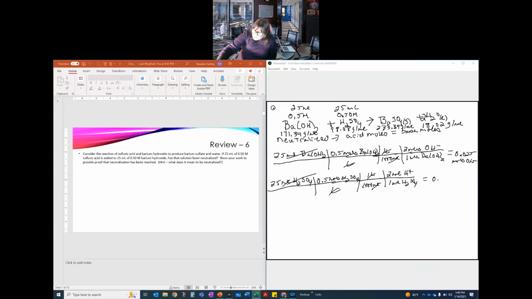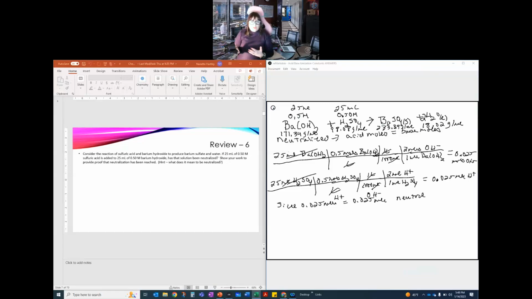And that gives me 0.025 mole of H plus. So I have the exact same number of moles of each thing. So I know that this is neutralized because I have that. Since 0.025 mole H plus equals 0.025 mole OH minus, that's neutral.